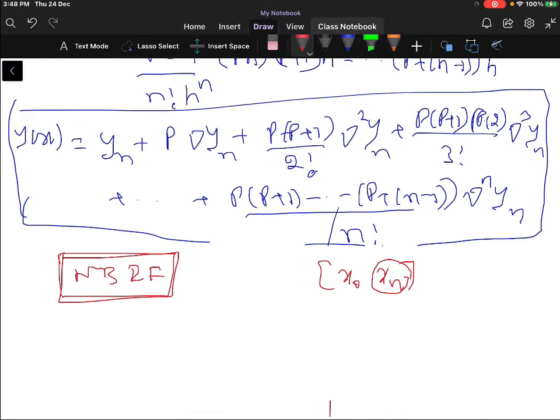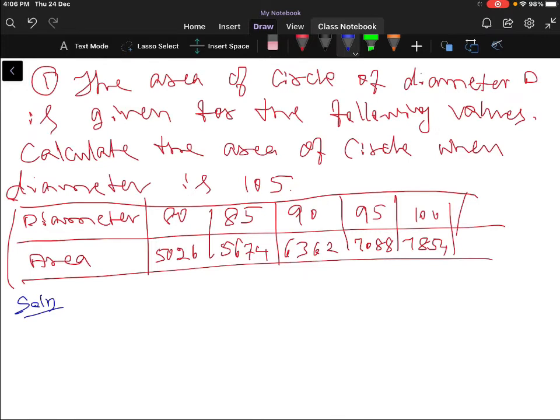The Newton's backward interpolation formula is suitable for finding the value of y at x when x is near the end value of the interval x naught to xn, that is, x must be near xn. So now we will move to the problems on Newton's backward interpolation formula.